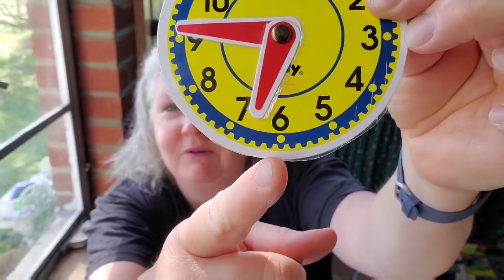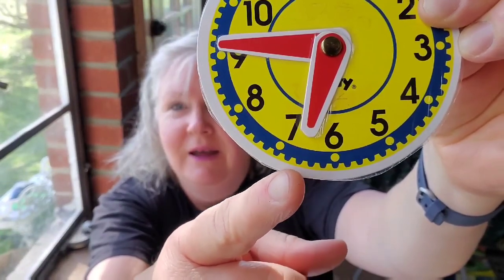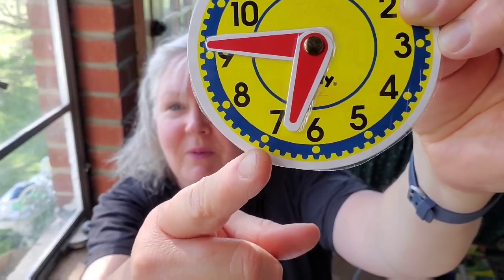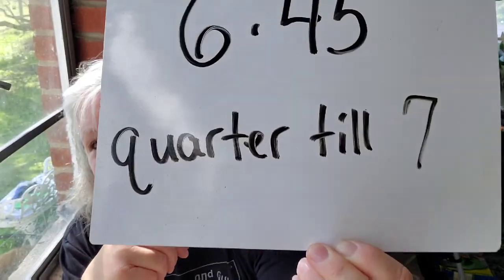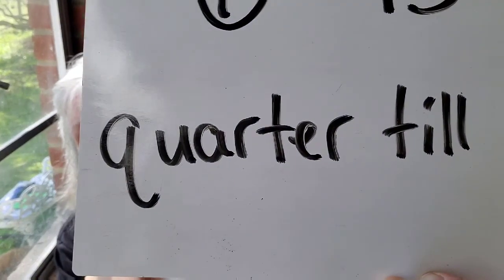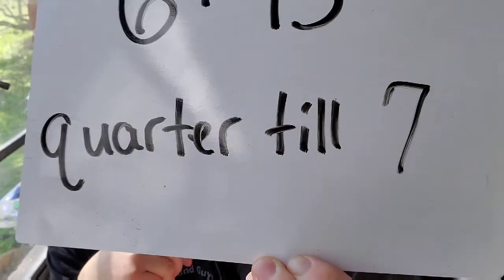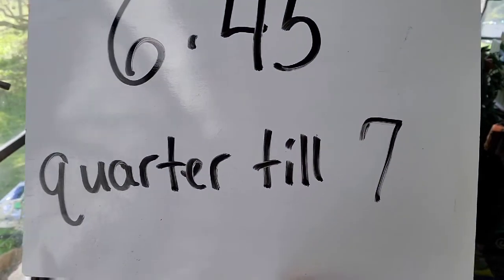So it's going from 6, and the next hour will be what? Yeah, 7. So on your paper, that time is a quarter till 7.